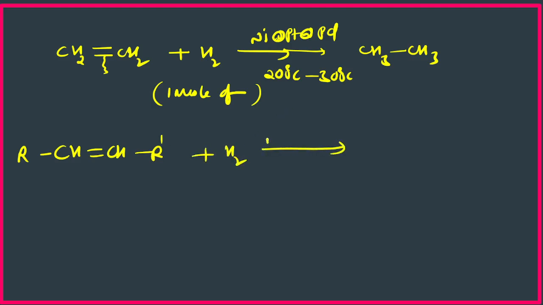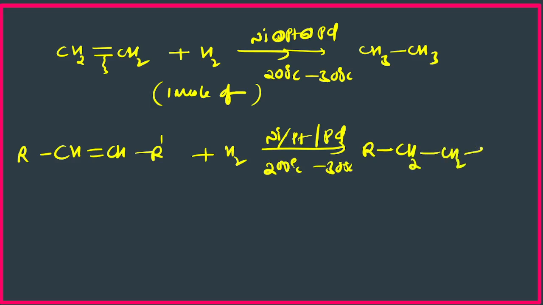The same reaction with nickel or platinum or palladium metal at 200 to 300 degrees Celsius gives an alkane. See, the breaking of the pi bond and the attaching of hydrogen with carbon.